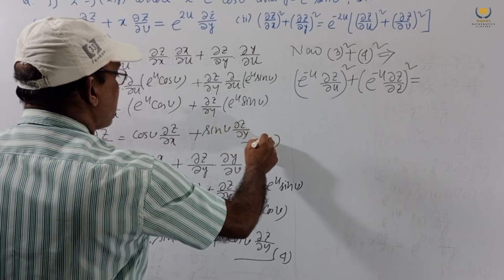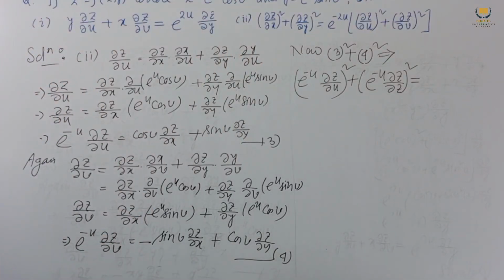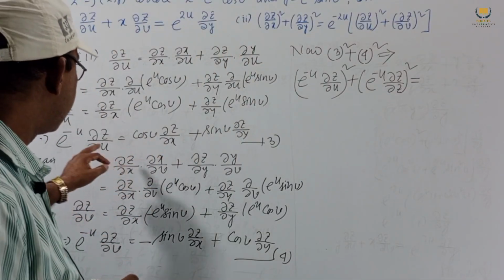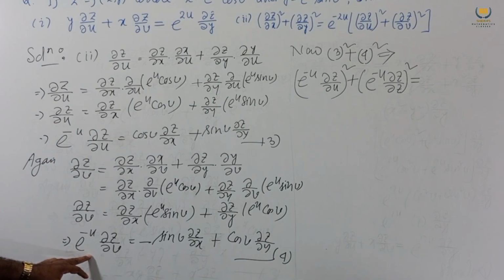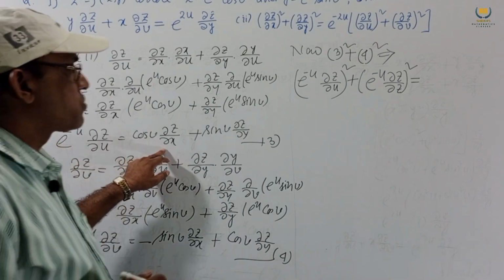This is number 3. One thing is left. Now we square this and this and add.